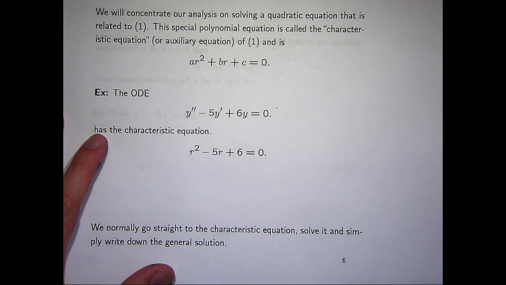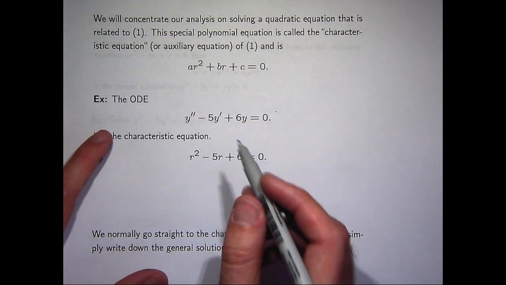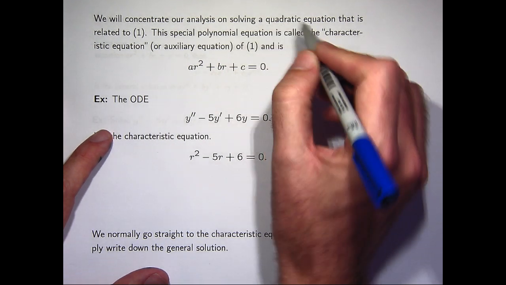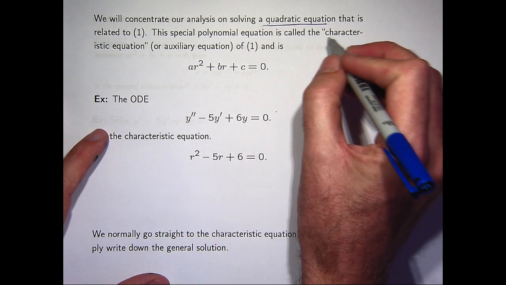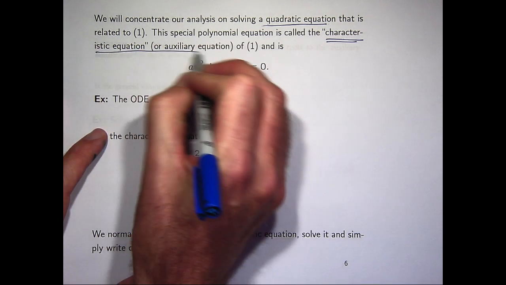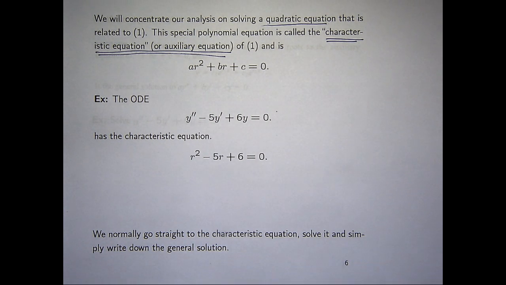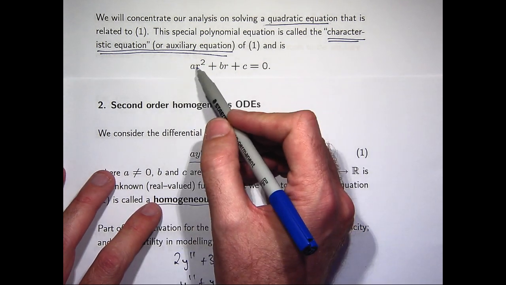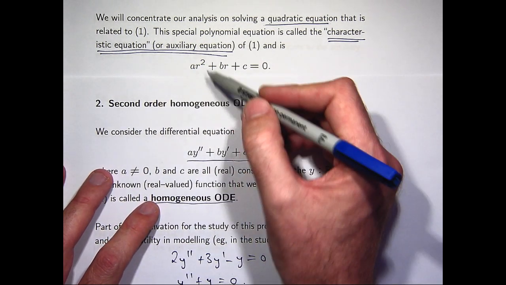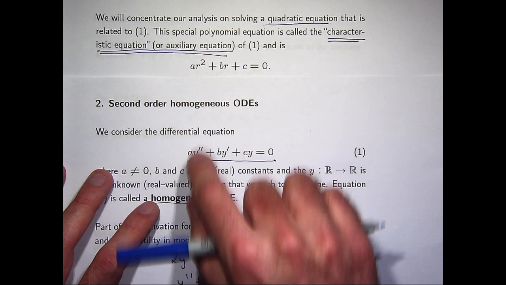Now, our analysis is going to concentrate on a special polynomial equation. It's a quadratic equation, and we refer to it as the characteristic or auxiliary equation associated with the ODE. Essentially, here it is, r is the variable, so you just take the coefficient of y double prime and multiply it by r squared.